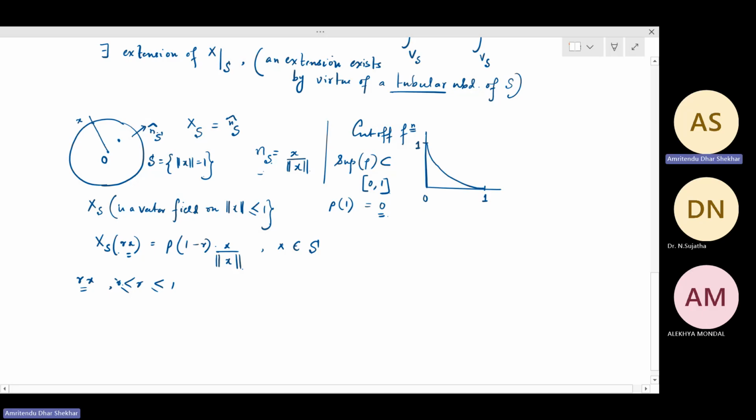Then the vector field at r x is basically defined as rho of 1 minus r times x.